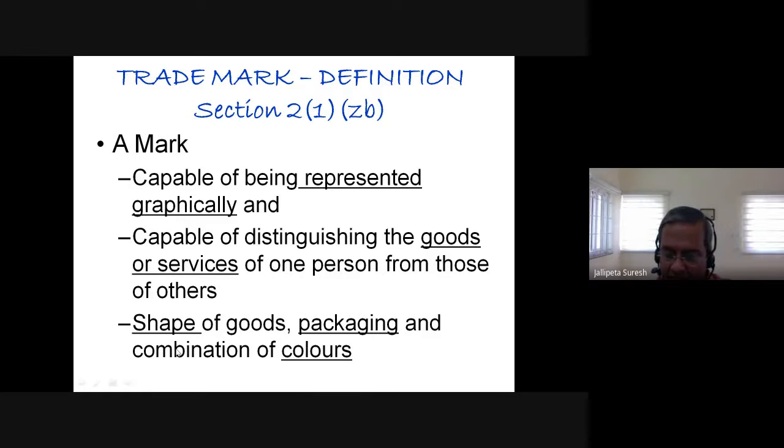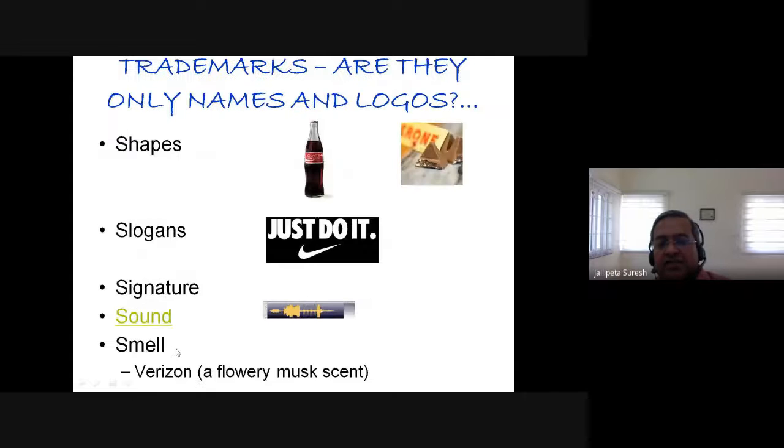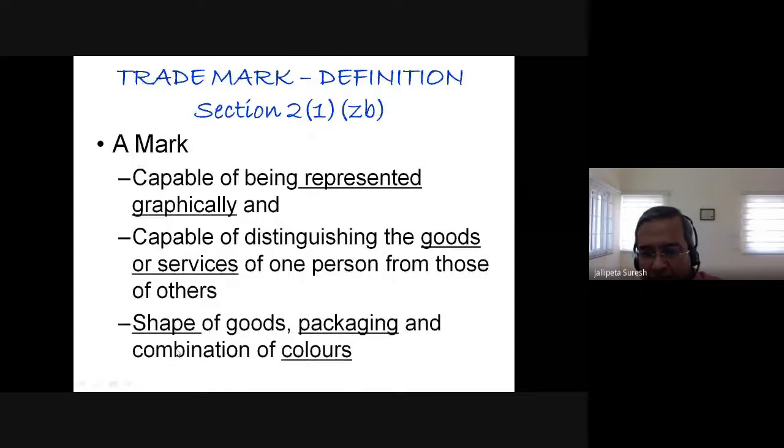That means if, say for example, you want to register this slogan, just do it, you have to file an application by representing this particular representation, and then you say that this representation distinguishes from others. So that is what we call as capable of being represented graphically.